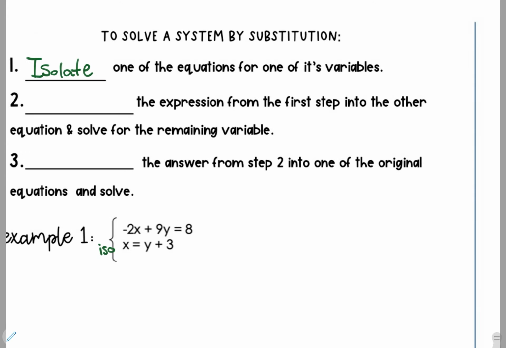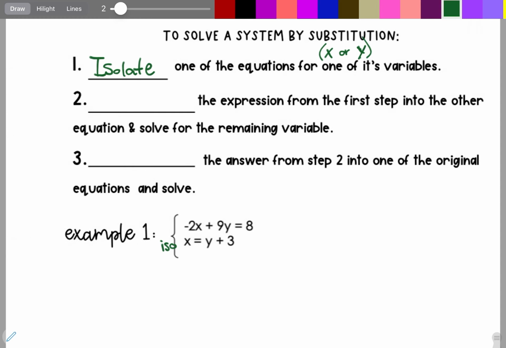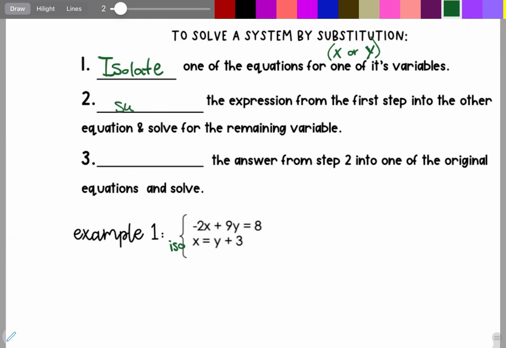So first step is to isolate one of the equations for one variable, whether it be x or y. After that, we're going to substitute the expression from our first step, from our ISO, into the other equation and solve for the remaining variable, okay?